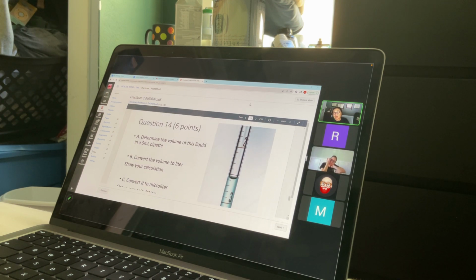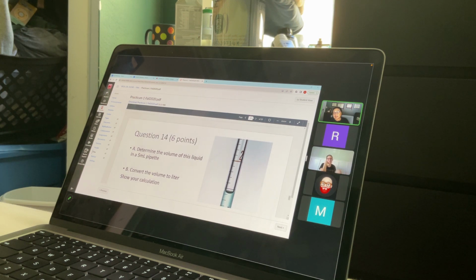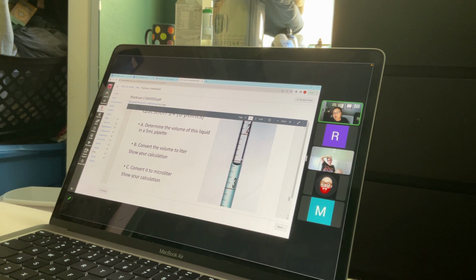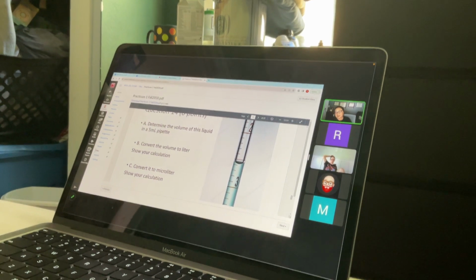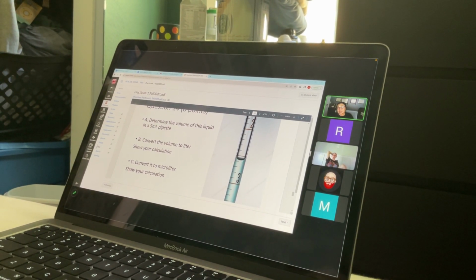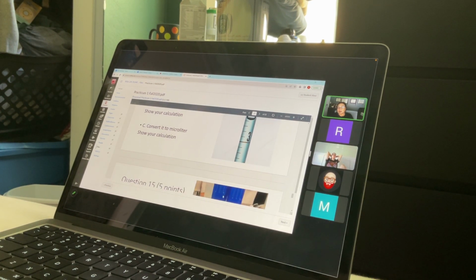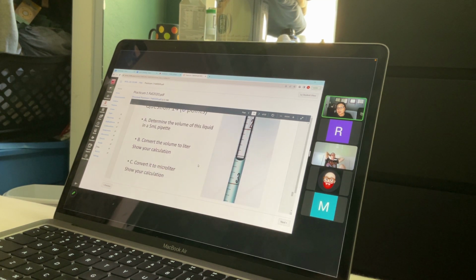So if I go all the way to 0, the whole thing will be 5, right? So I can take 5 and subtract 2.5 or 2.6. That will give me the volume. So that's one way of doing it. Or go to the tip of the pipette and count up. Whichever way you want to do.